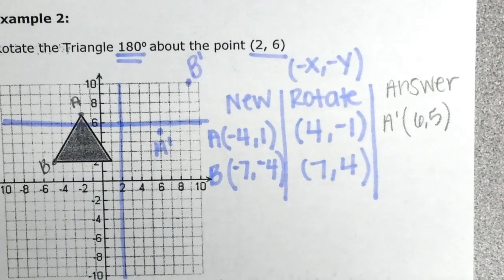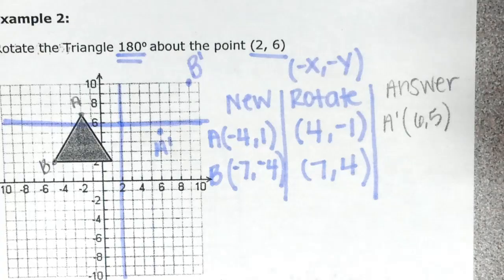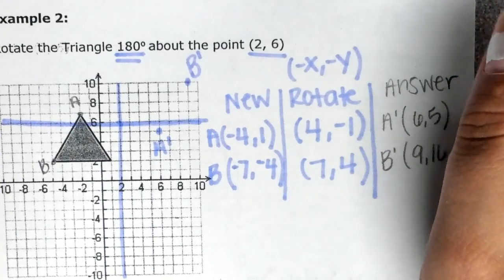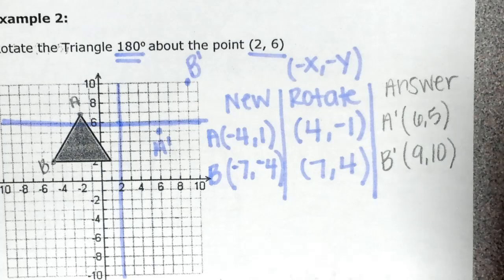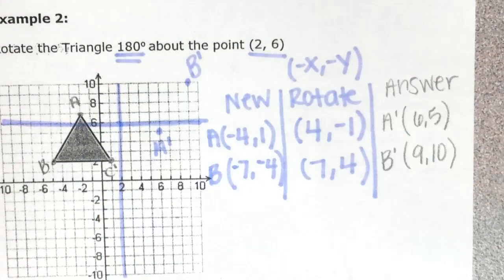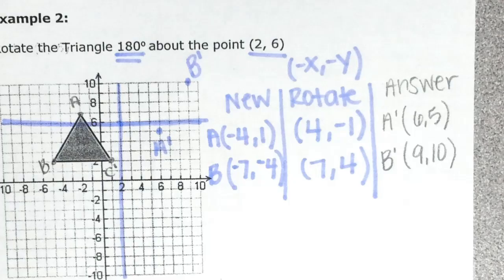Where is my point B on my regular graph? 9, 10. What question can I answer?